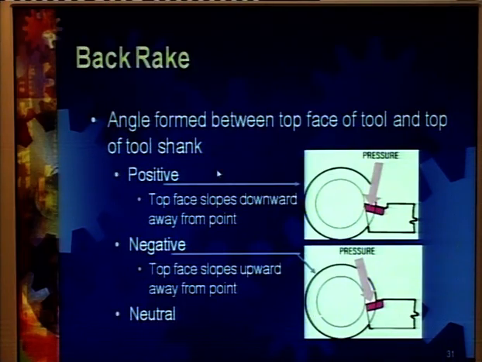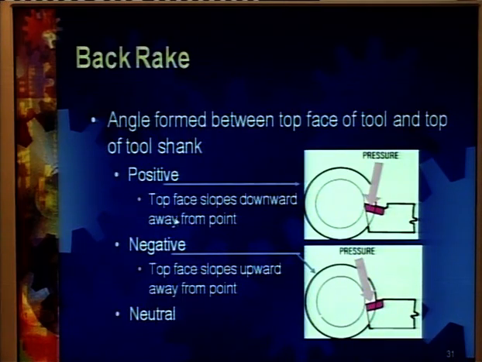If we formally say what a rake angle is, it is the angle formed between the top face of the tool and the top of the tool shank. It is positive in this case; the first figure shows a positive rake angle, as is given to most of the commonly used cutting tools, such as a high speed steel cutting tool.